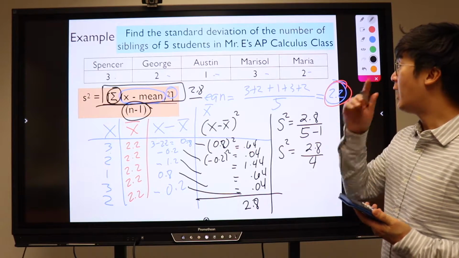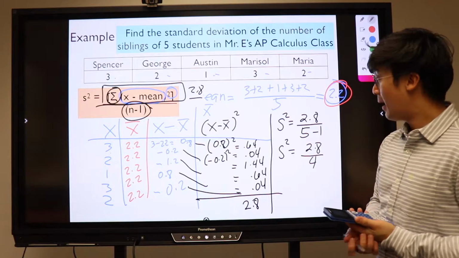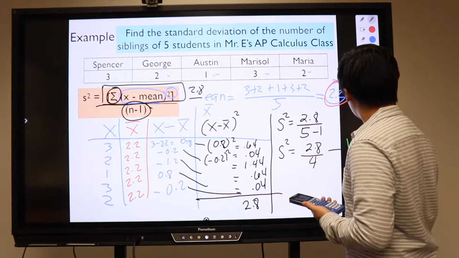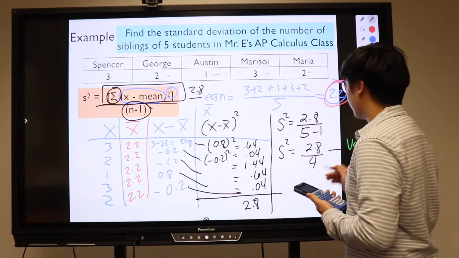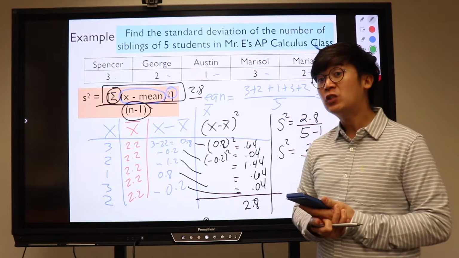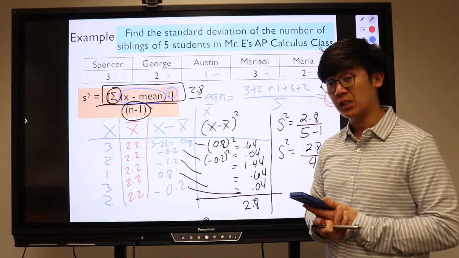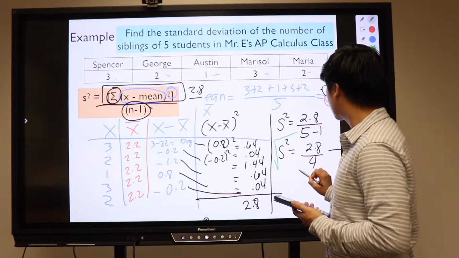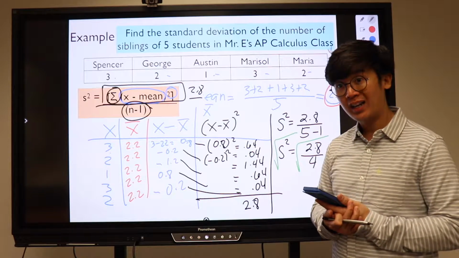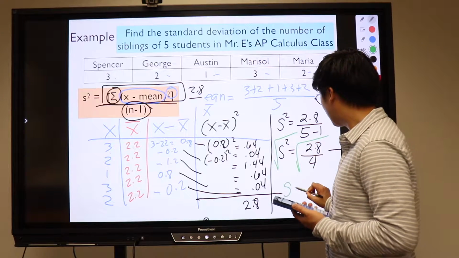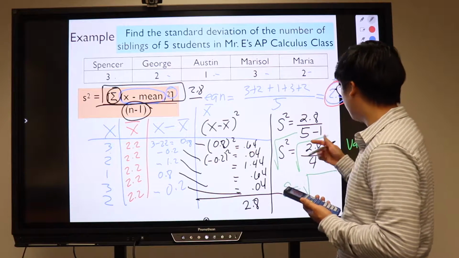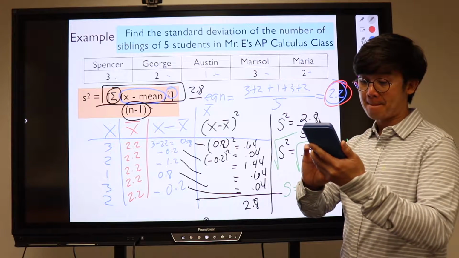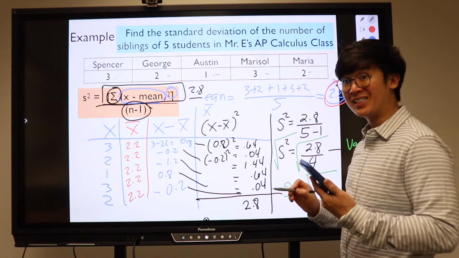And we're looking for the standard deviation. But right now, this is just your variance. We need to find the standard deviation. And to find the standard deviation, we're going to take the square root of the variance. So that S is equal to the square root of, what is 2.8 divided by 4? 0.7.